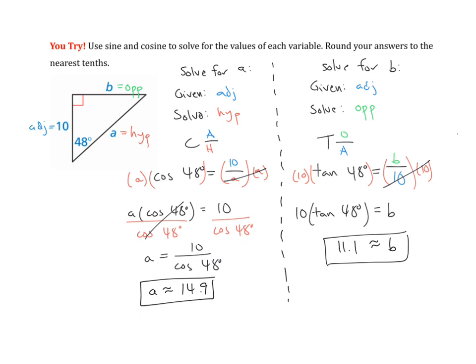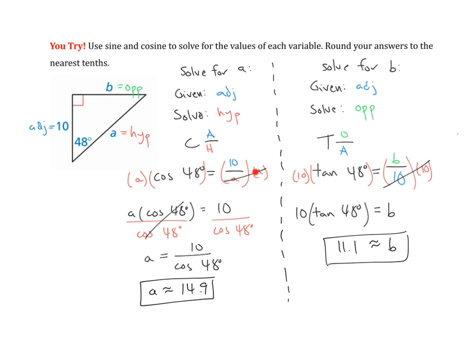All right, go ahead and double check your answers. When we solved for A, our given side this time is our adjacent leg, and what we wanted was to solve for the hypotenuse, because that's A. So the only ratio that has both adjacent and hypotenuse is CAH. So we substitute it in. And again, it doesn't matter that the denominator is a variable.